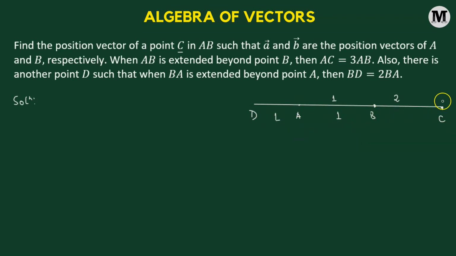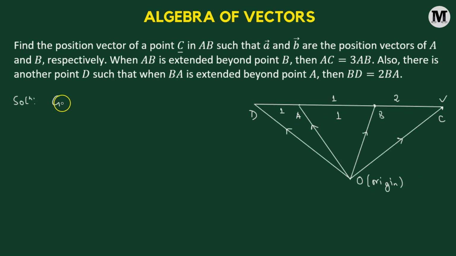Now our goal will be to find out the position vector of the point C. So we'll consider an arbitrary point O, which is going to be the origin of some coordinate system. Then we can define the position vector of each of the 4 points A, B, C and D. All we have to do is join the origin with each of these points with the help of a directed line segment, and that's going to give us the position vector of each of the 4 points.